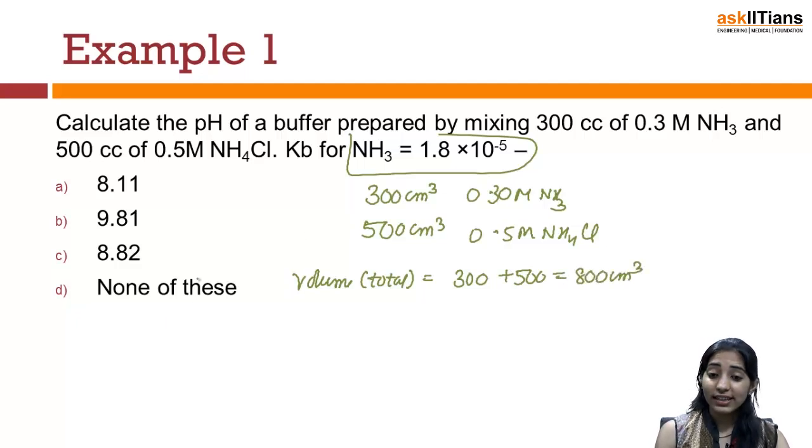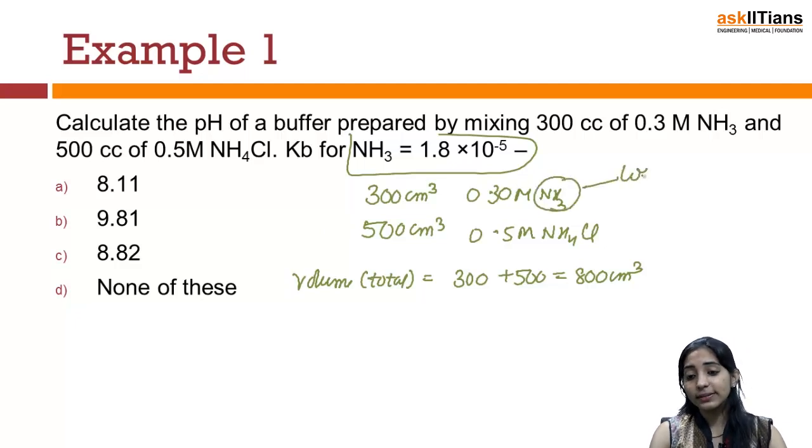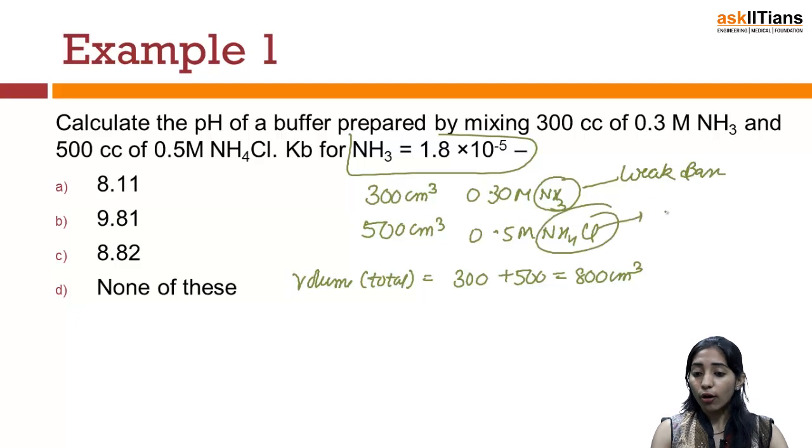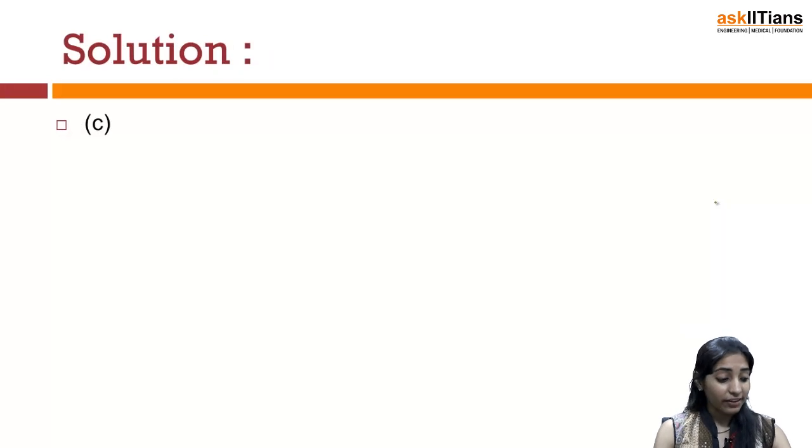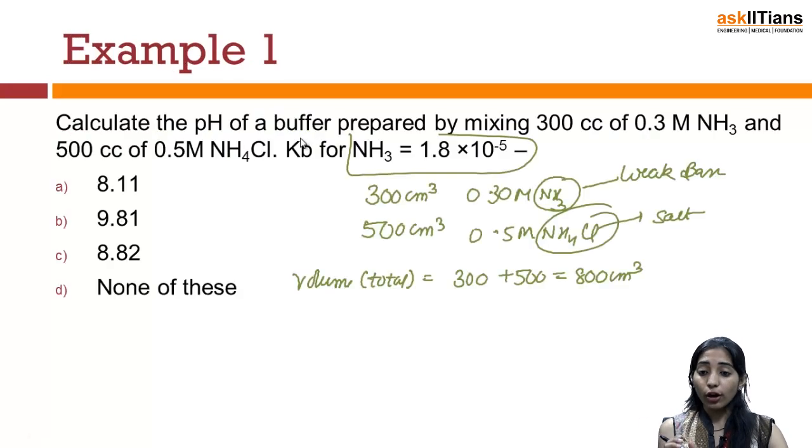Now we can also say that this is a solution of a weak base and a salt of that weak base with a strong acid. If this is the case, I can very easily find what will be the concentration of NH4 positive or ammonia in the solution, because earlier the volume of ammonia was 300 centimeter cube.